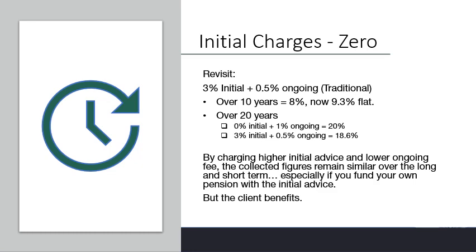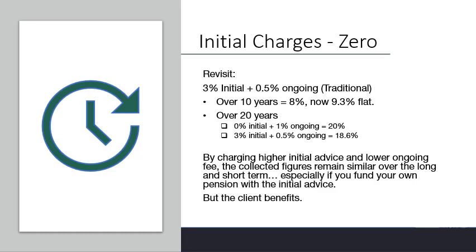Now that you've taken your initial charge and loaded it into your own personal pension with the tax relief, your effective charge has now gone up to 9.3% flat. Over 20 years, that works out at 18.6%. And if you compare that directly to the crude 1% ongoing over 20 years of 20%, there's not a great deal of difference.